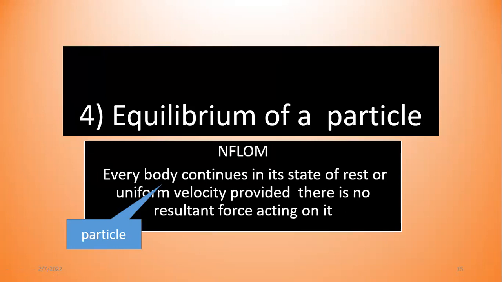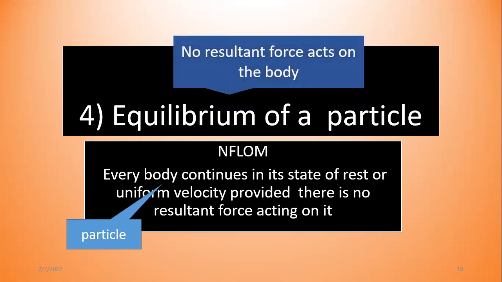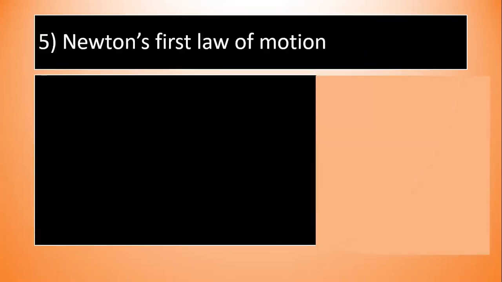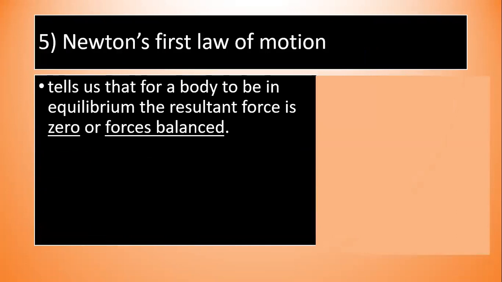By right, it should be particle rather than body, because where the force acts, you will find later on, will affect whether it will move with constant velocity or whether it will topple over. But we are interested in no resultant force acting on the body. Newton's first law of motion tells us that for a body to be in equilibrium, the resultant force is 0, or they balance. There may be forces acting, but they balance out.